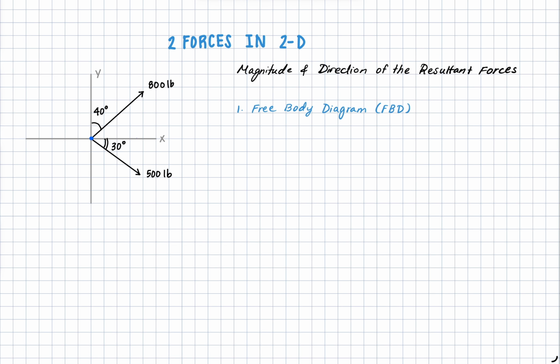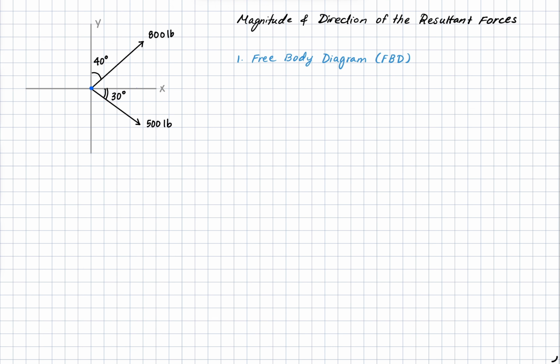So we're going to take our origin, which is our system, and we're going to draw our two forces acting from it. I'm going to label this force F1, and this one over here is force F2.